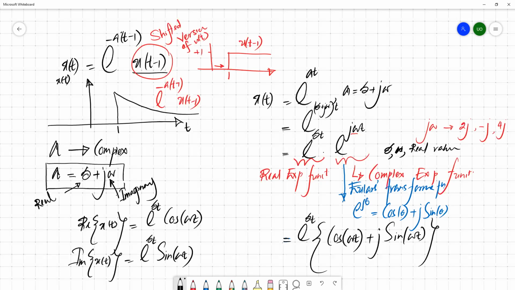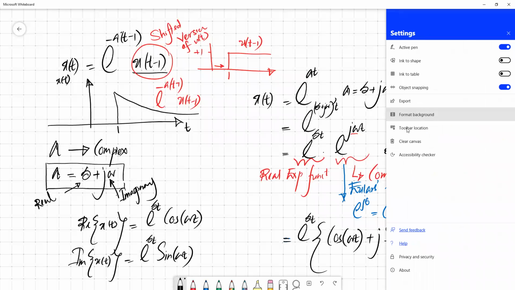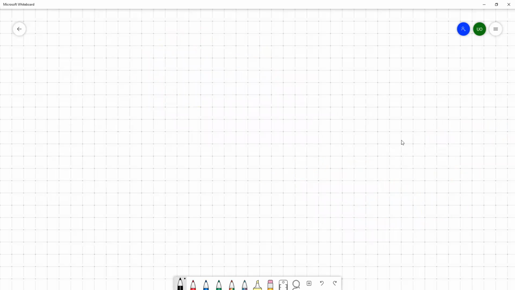So then we can plot these real and imaginary components separately if you want. The real part of x(t) equals e to the power sigma t cos omega t. So how do you plot it?